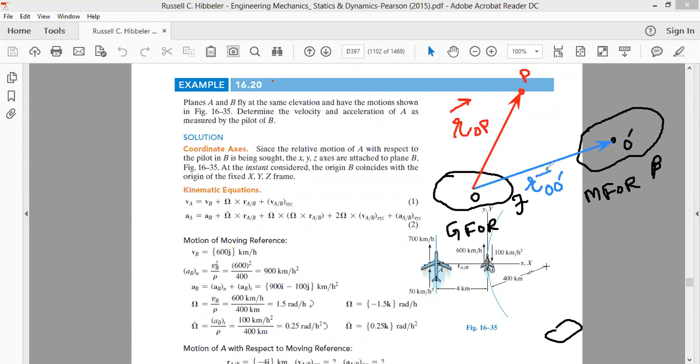And since P is also being observed by an observer in the moving frame of reference, we will draw a vector from O dash to P. This vector is the position vector drawn from O dash to P, O dash P. So this diagram is a very important diagram.